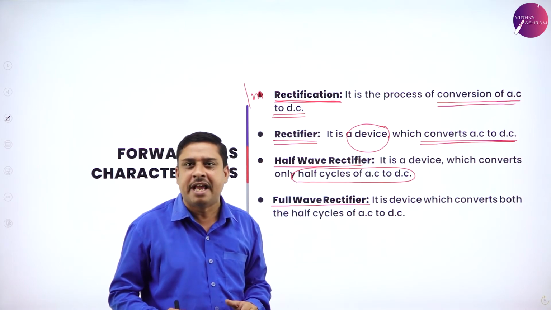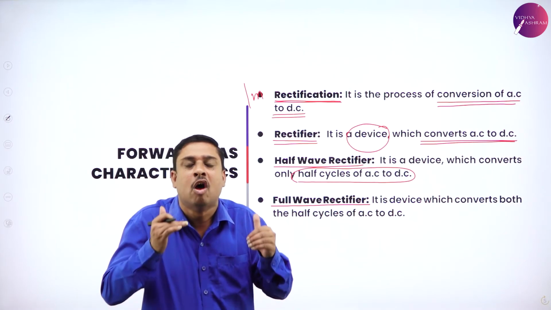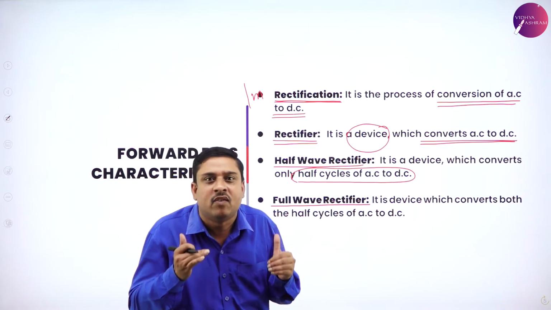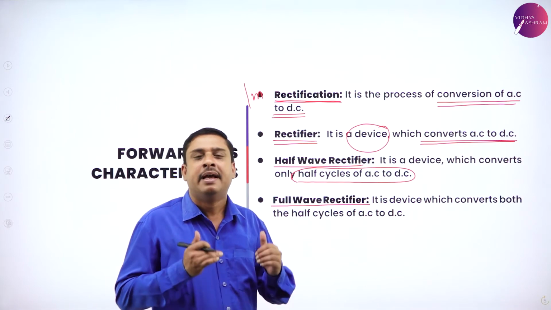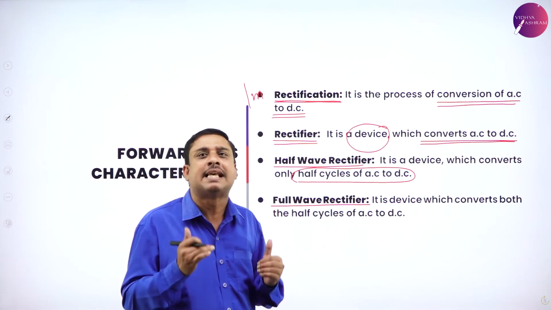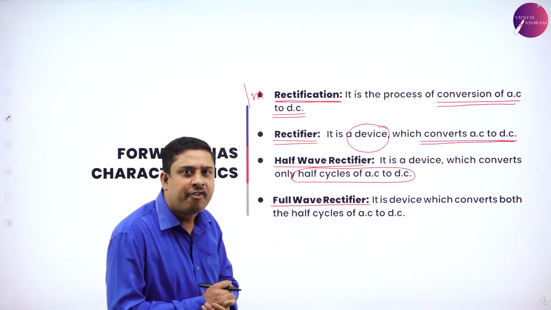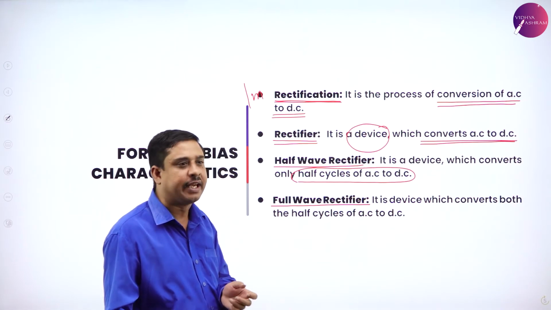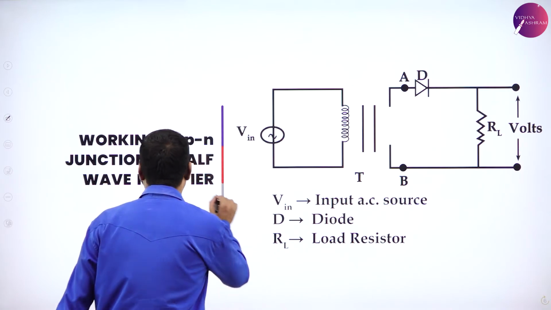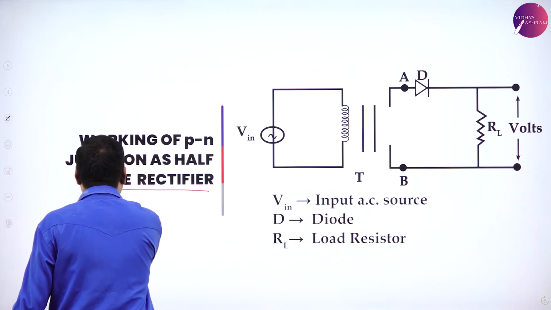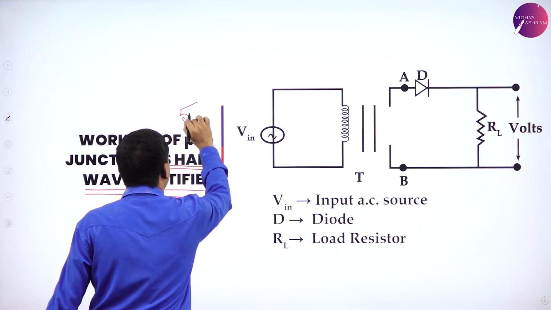Half wave rectifier: only one half cycle of AC is converted into DC here. Full wave rectifier: it converts both the cycles of AC to DC, hence it is called full wave rectification. And now we will understand the working of a half wave rectifier.